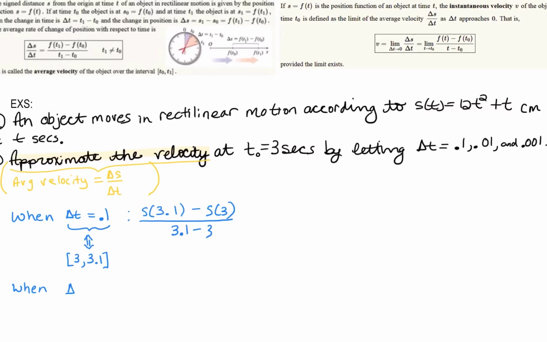Then let's just set all these up here. Then I'm going to change that from 1/10 to 1/100th. And again, that's going to be the same thing as saying on the interval from 3 seconds to 3.01 seconds. So this is going to be looking at, again, the change in the position. So S of 3.01 minus S of 3 divided by our change in time.